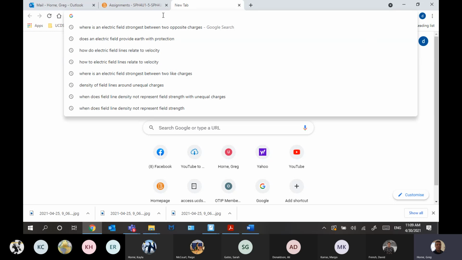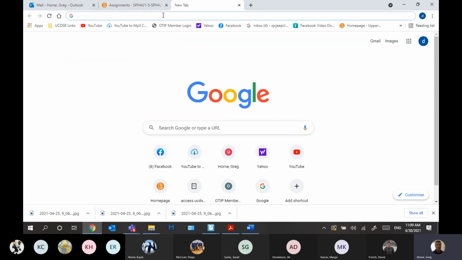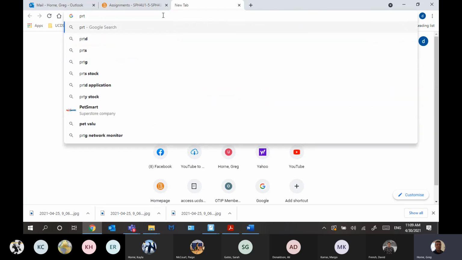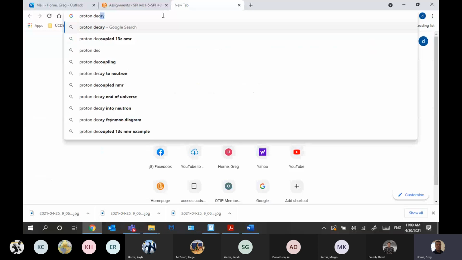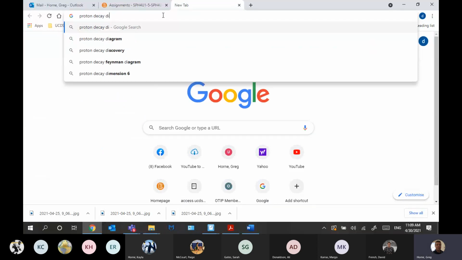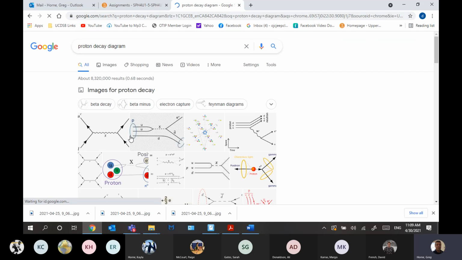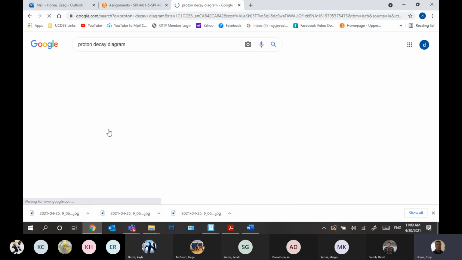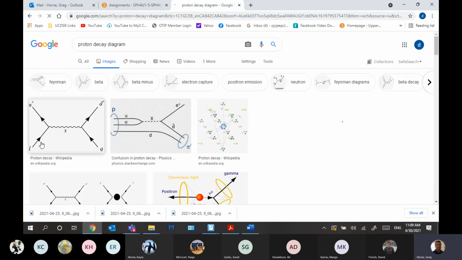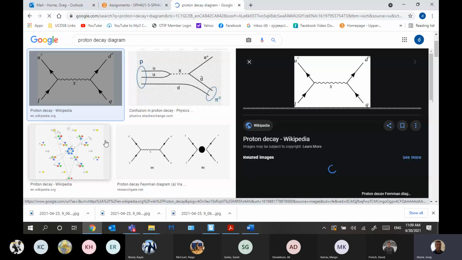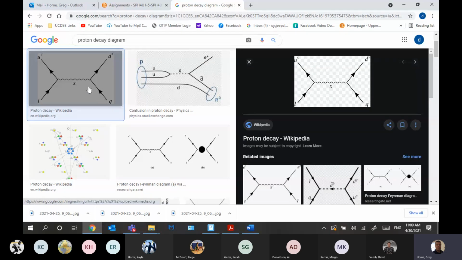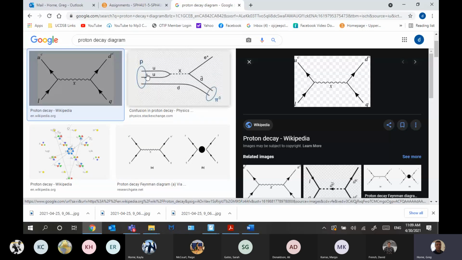Let's say a proton decay diagram, that's what they're called. So this is what it looks like. Basically here we've got a proton that's decaying. This is a proton.